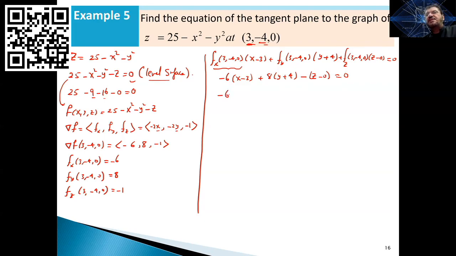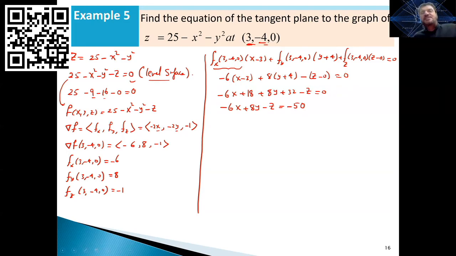Open this: minus 6x plus 18 plus 8y plus 32 minus z is equal to 0. So I have minus 6x plus 8y minus z is equal to what? 32 and 18 make 50. Move it to the other side, it is going to be -50.